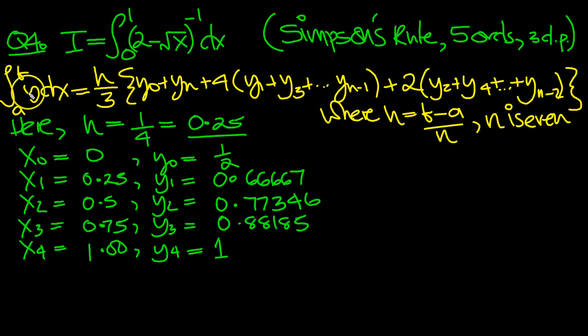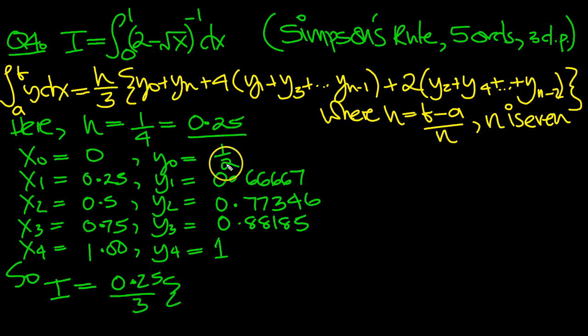So now we can put the values in to get the integral value according to Simpson's rule. h over 3, 0.25 over 3. Then we need to add the first and the last one together, so that's 1 plus a half is 1.5, plus 4 times all the odds. The only odds are here and here.